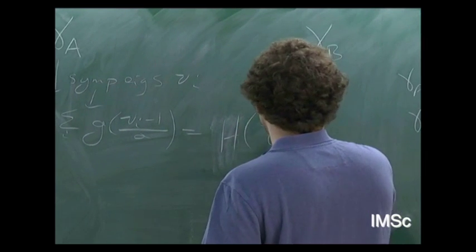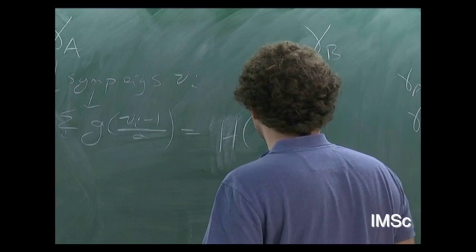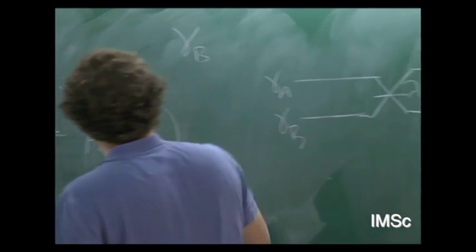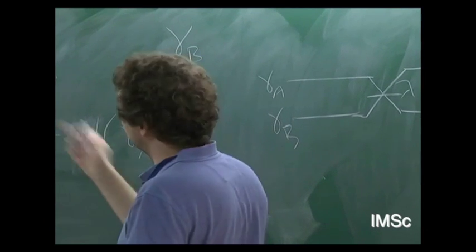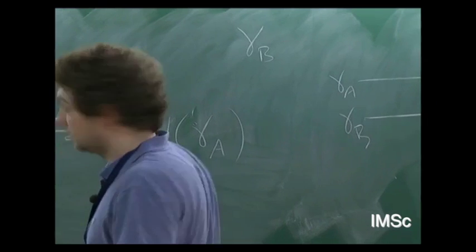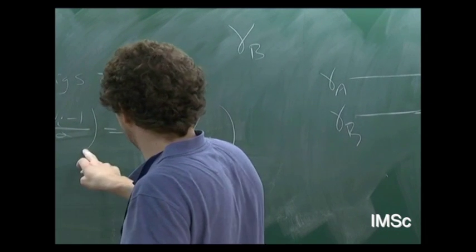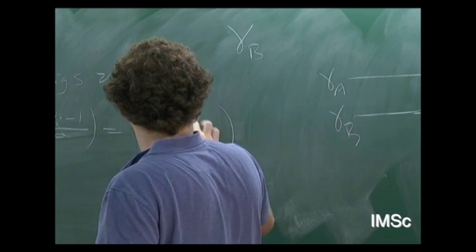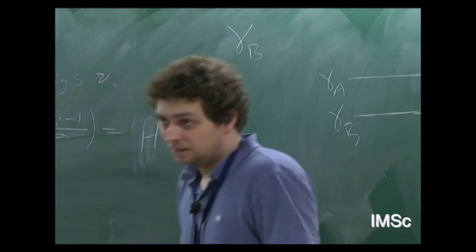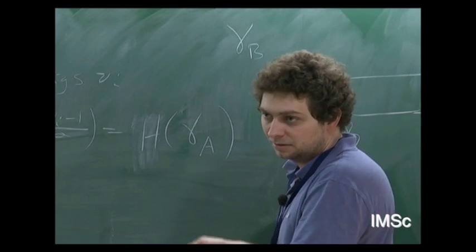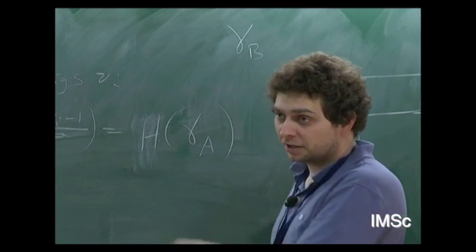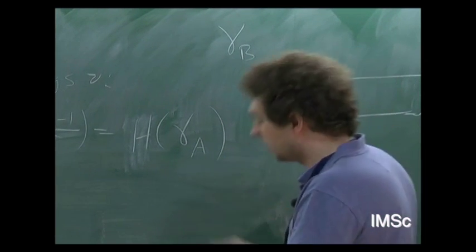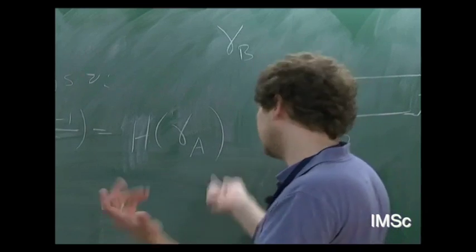I'll just call this expression the entropy of this covariance matrix. It's a different function. The argument is a covariance matrix. Then to compute it, you go off and find the Gaussian state with that covariance matrix and find its entropy.